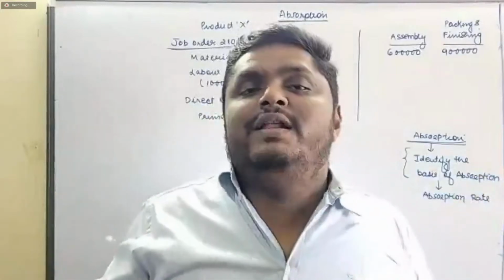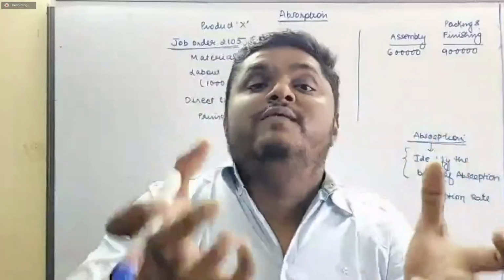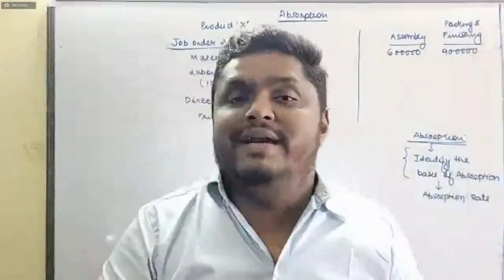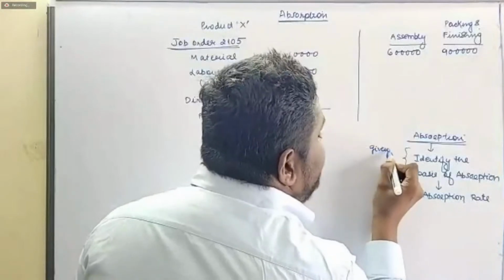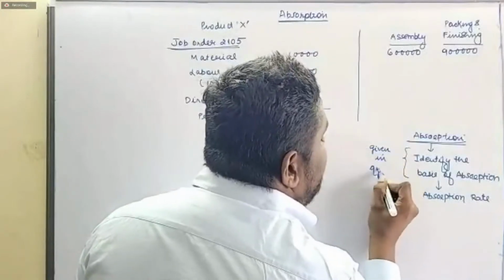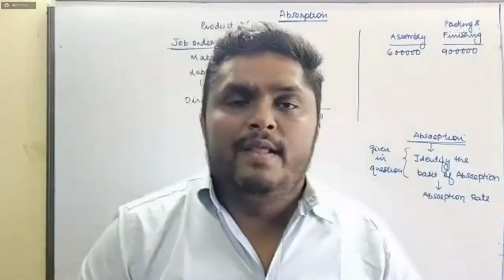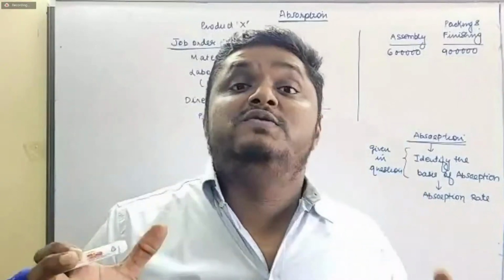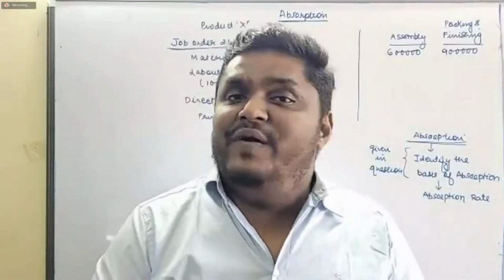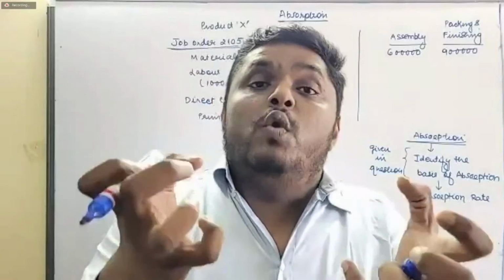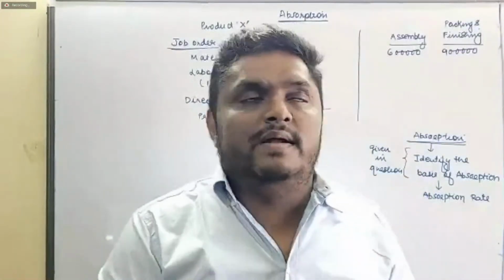If it is not given in the question, then yes, you have to apply your brains and try to figure out what should be the basis of absorption in that case. So let's say my assembly department is more labor intensive, and it is clearly specified in the question that the overheads of the assembly department are to be absorbed on the basis of labor hours.